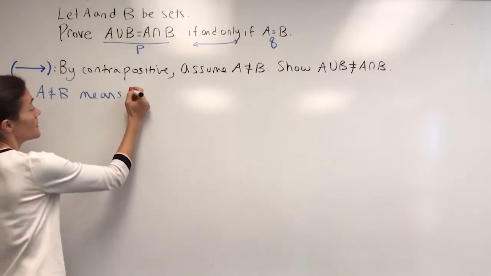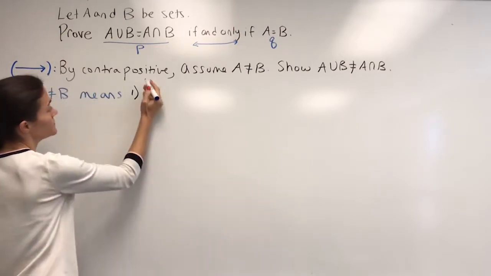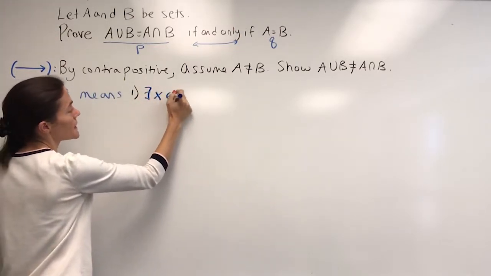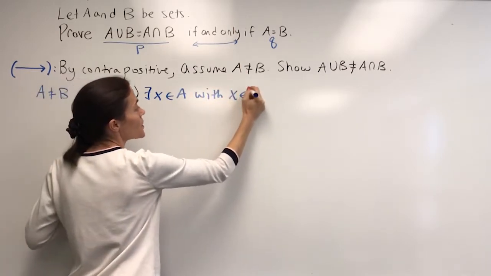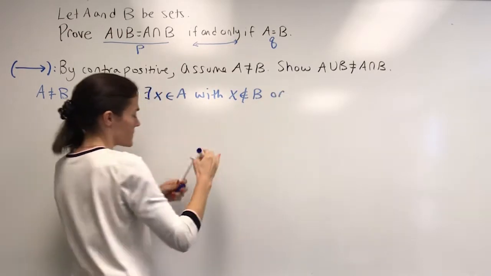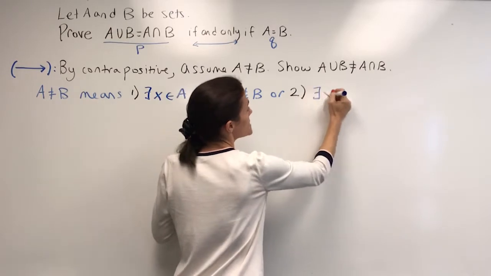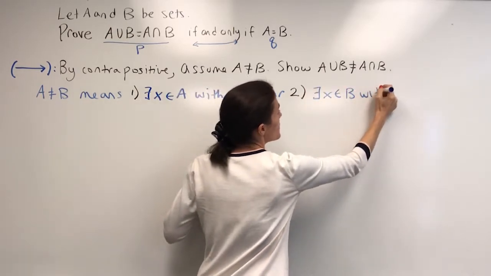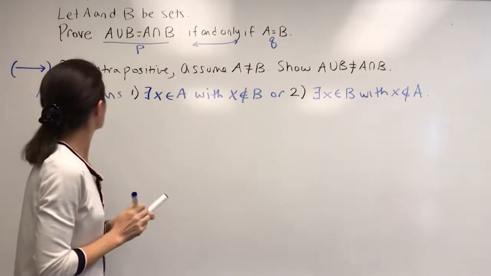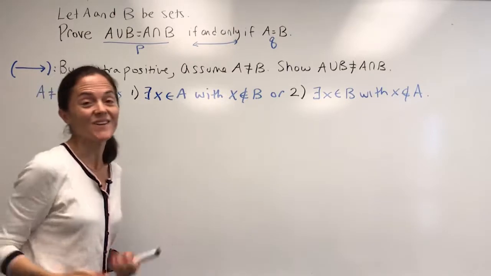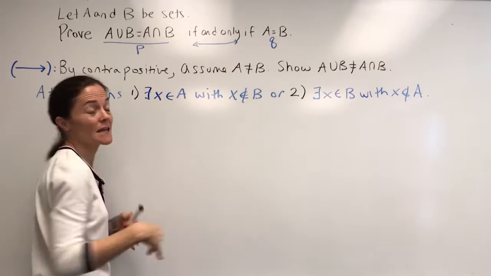Number one, there exists an X in A with X not in B, or there exists an X in B with X not in A. This is what it means if you have two sets and they're not equal: then there's either something in here that's not in here, or there's something in here that's not in here, or maybe both.